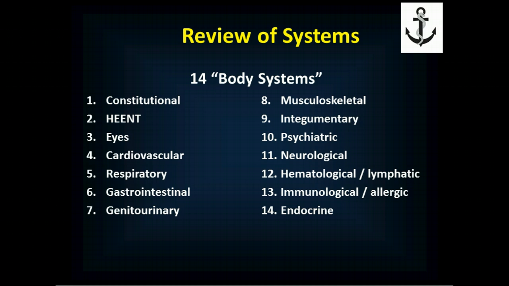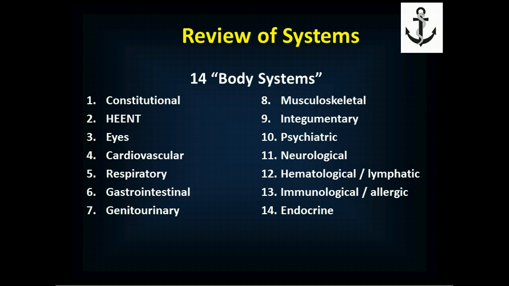Musculoskeletal, that's pretty straightforward. Integumentary is related to skin, hair, and breasts. Psychiatric, well, that's pretty straightforward as well. It's related to the patient's mental health. Neurologic is related to function of the neurological system, so weakness, stroke symptoms, difficulty speaking, confusion.